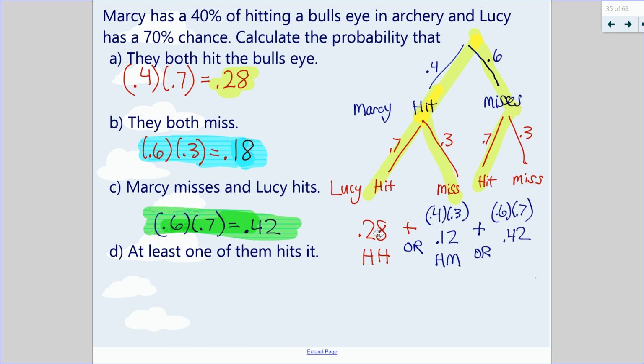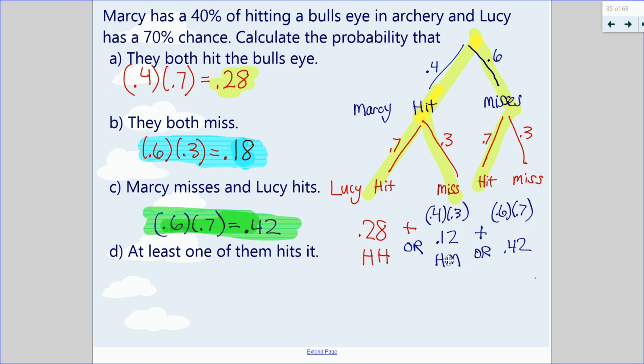So again, you can do hit, hit. So that's Marcy hit, Lucy hit. Or Marcy hit, Lucy miss. That's hit, miss. Or miss, hit. Marcy miss, Lucy hit. So or. Whenever you say or, you add. And going down the branches, you multiply.